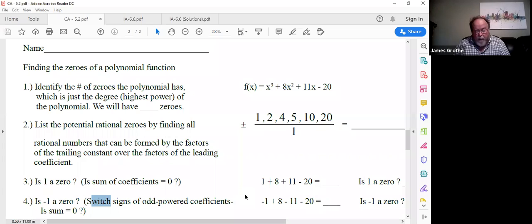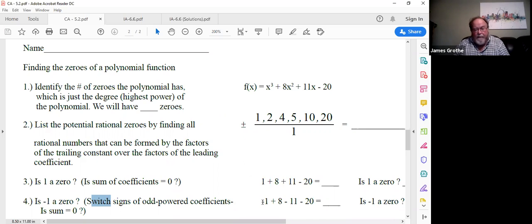Again, looking along the lines of Descartes' rule of signs, I count the sign changes in the coefficients of the polynomial, and we see that there's 1. If we go from a positive 11 to a negative 20 in the coefficients, that tells me there's 1 positive real zero. I already know what that is: positive 1, which I saw there.